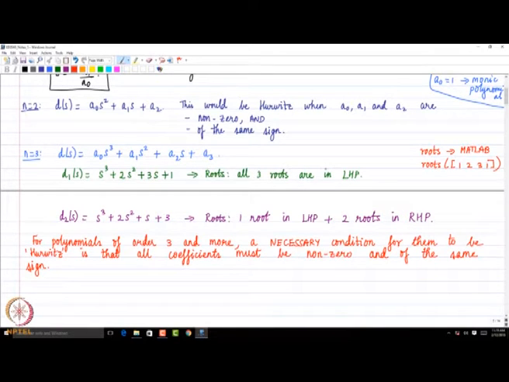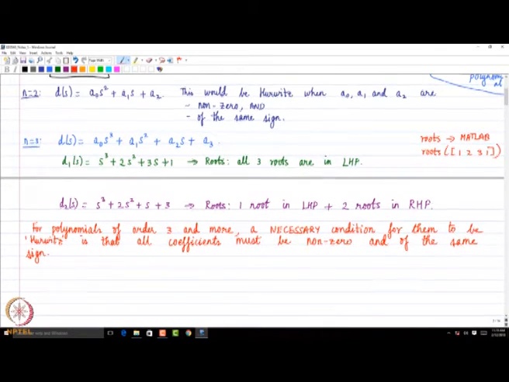Okay, that's just a necessary condition for polynomials of order 3 and more.